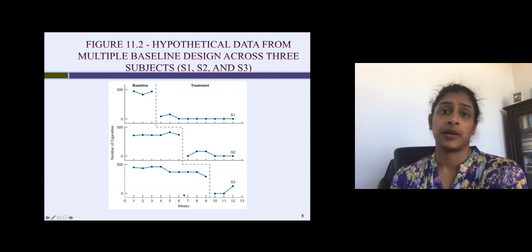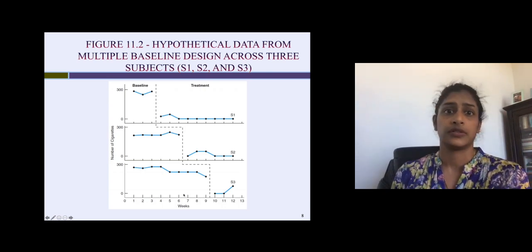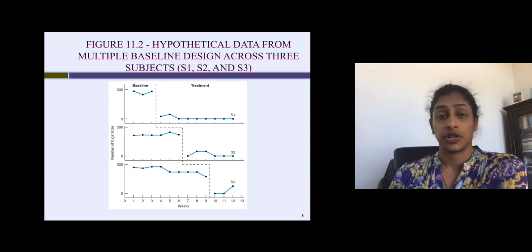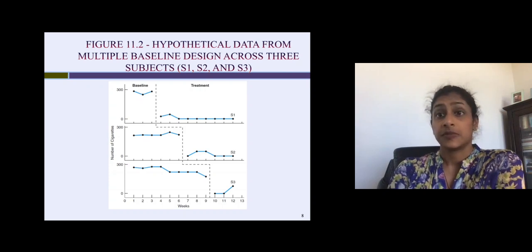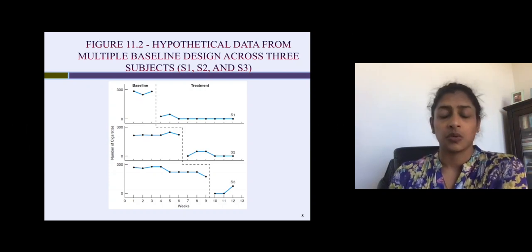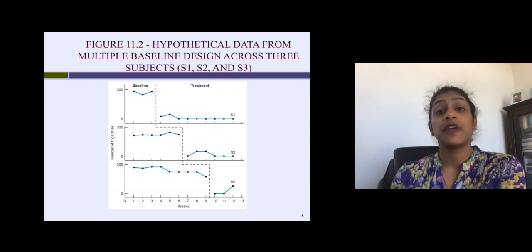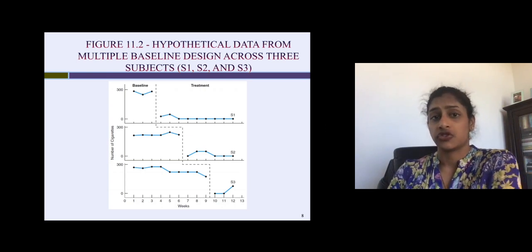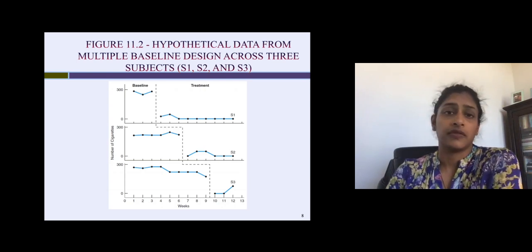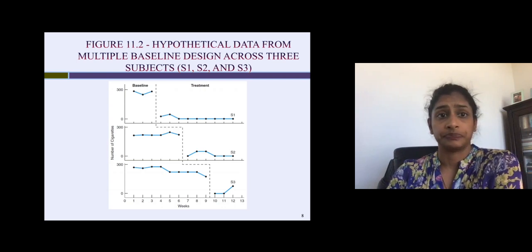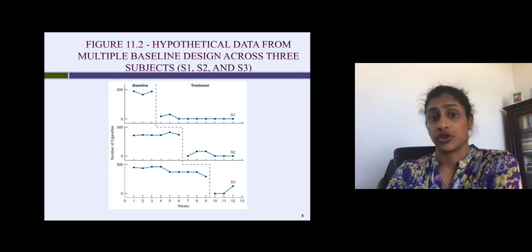Now, remember, it might be unethical for me to withdraw my treatment from a person, especially if it's working, right? So what we can do is we take these different participants and then we vary when in the experiment we give them the treatment.